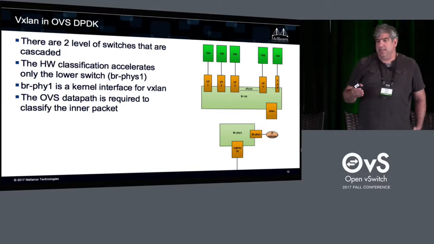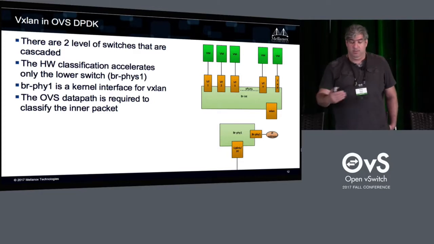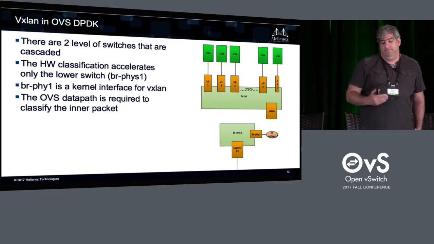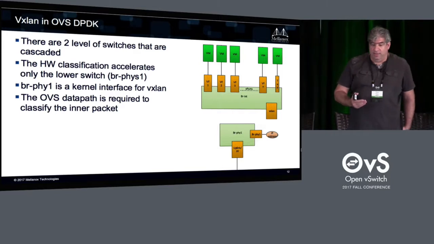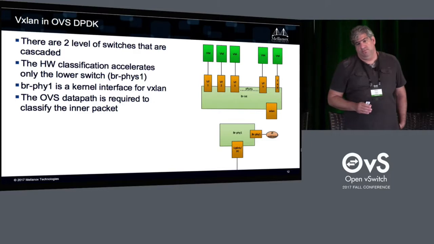In the data path, it's done like a recirculation, so you need to classify the packet again. The method that I presented before only helps accelerate the lower switch. We also want to gain from the hardware to classify according to the tunnel switch.